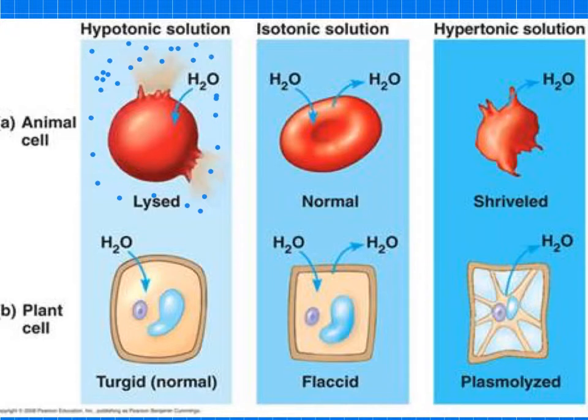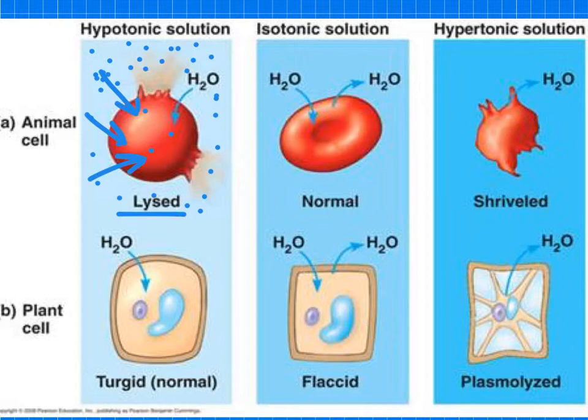So that is going to be a dilute solution, and there's going to be a concentrated solution within the cell. And what can happen is that water will rush in. H2O will rush in, and in an animal cell it can actually lead to the cell membrane bursting, and this is called lysis.